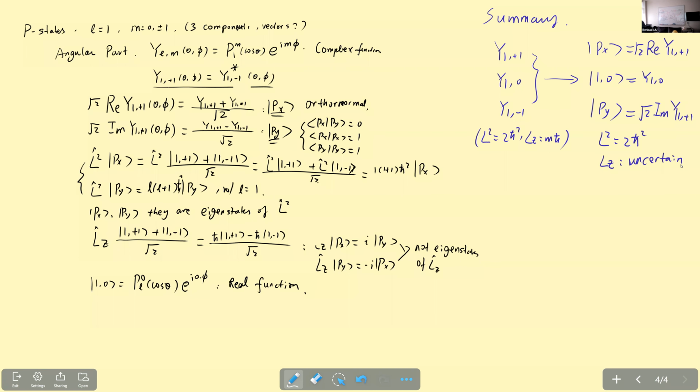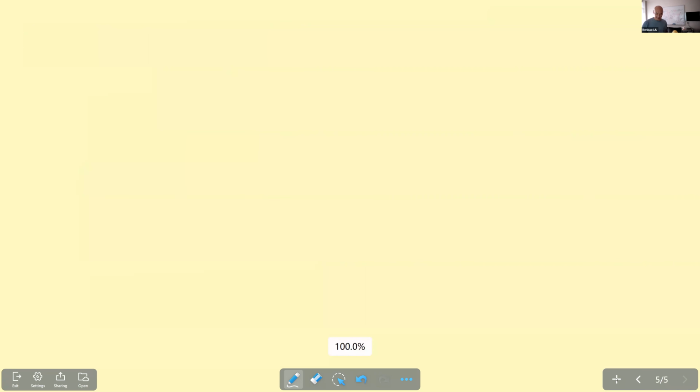And the point is that all of these px states, |1,0> states, and py states are real functions. So that's good, so we can plot them. Let's try to look at this in more detail.